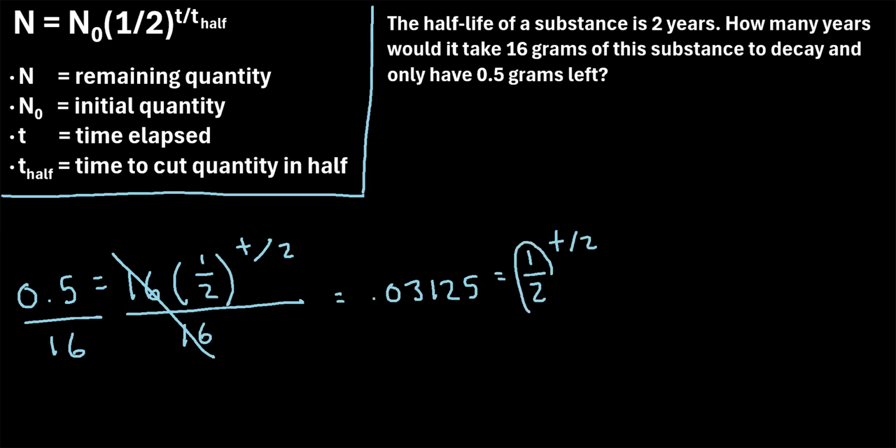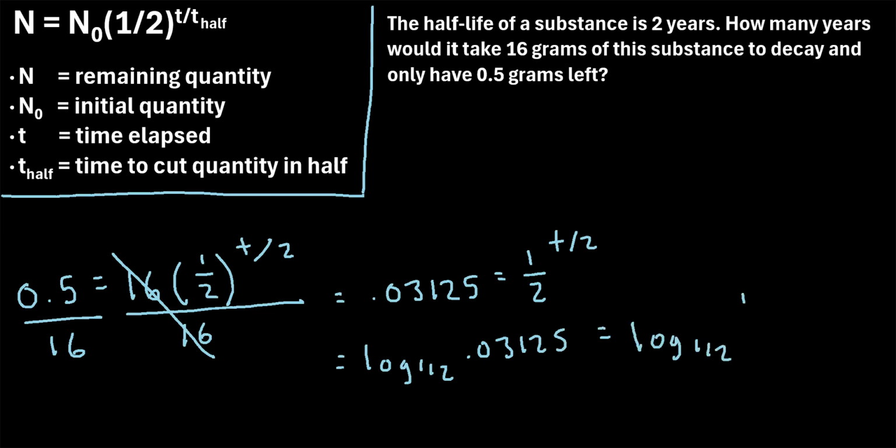Now, when we have 1/2 raised to this exponent right here, we can get rid of the 1/2 by taking the log of each side. So we can write the log with a base of 1/2 of 0.03125 is equal to the log base 1/2 of 1/2 to the power of T divided by 2. So when we do this, this whole expression right here cancels out.